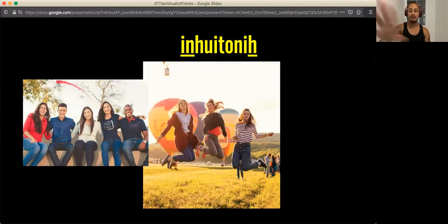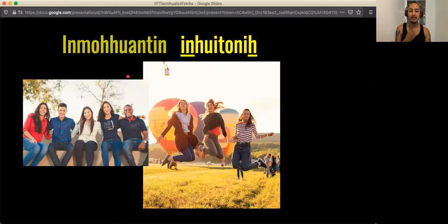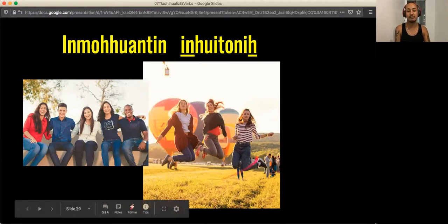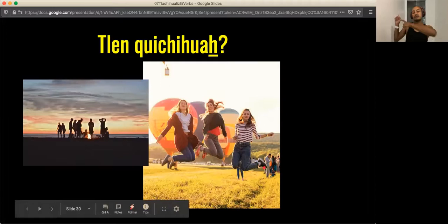In, they, or ustedes in Spanish, or y'all, in huitoni with an H. Notice there's an H there too. So I would say imohuantin in huitoni. So y'all are doing this action. Imohuantin in huitoni. Wali?